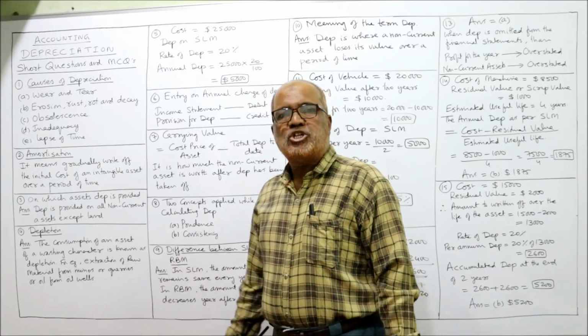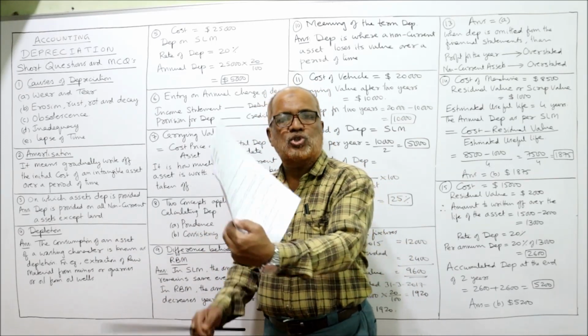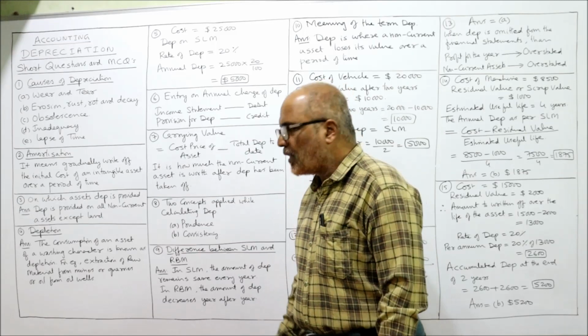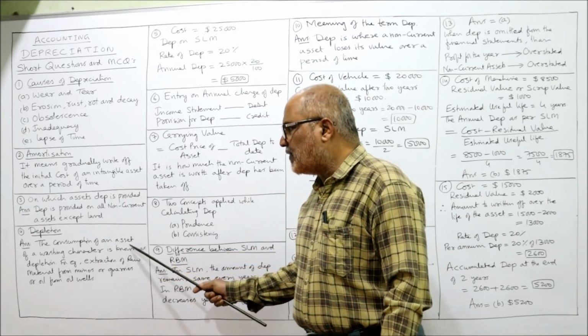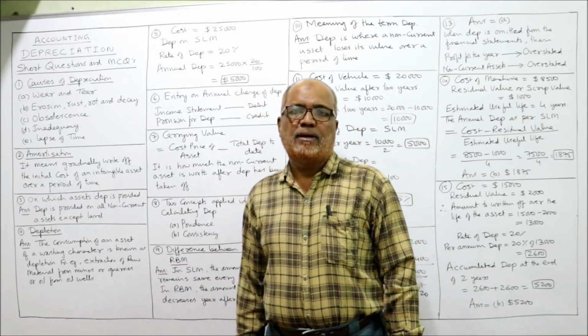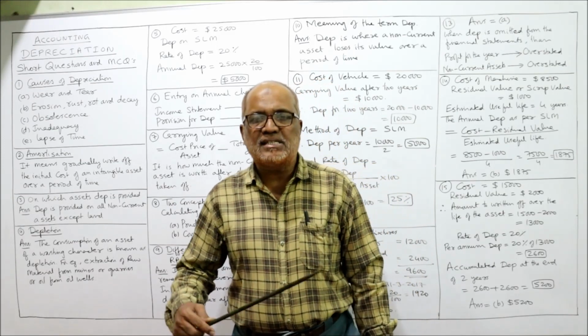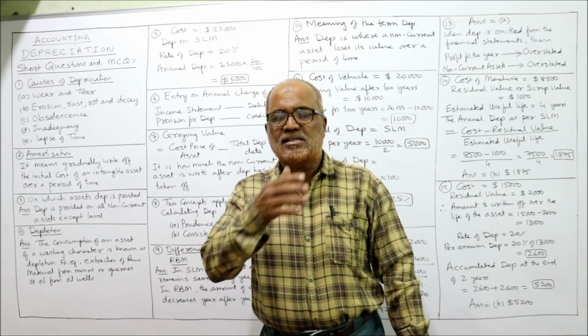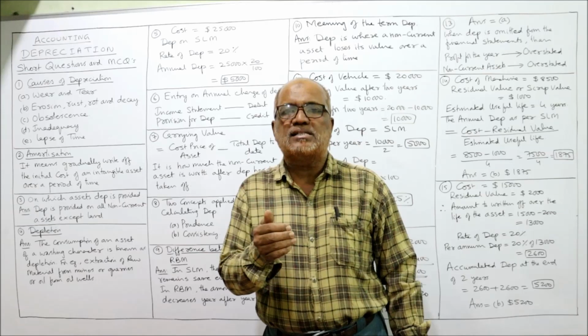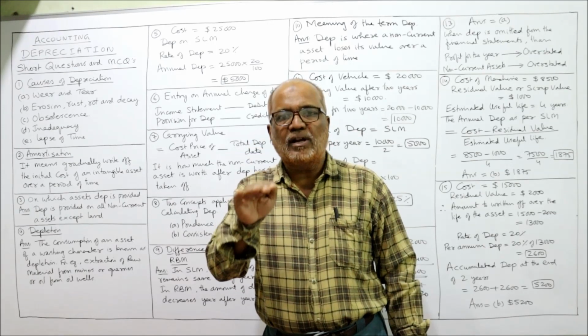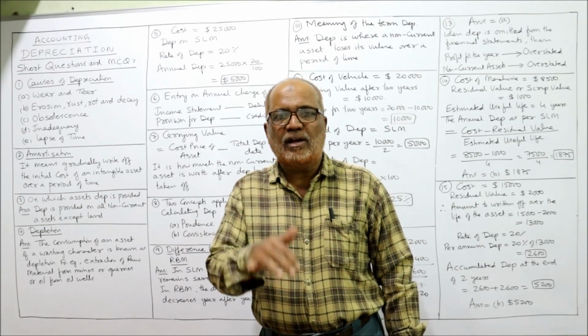Then depletion. What is depletion? Depletion is the consumption of an asset of a wasting nature. Some assets are of wasting nature. That means when we extract or use the asset, the life and value of the asset will come down.